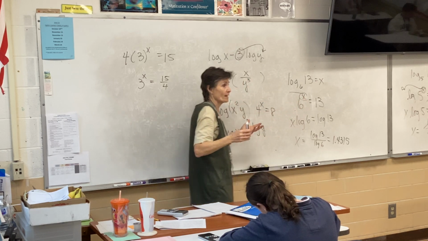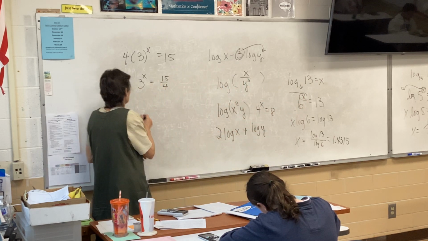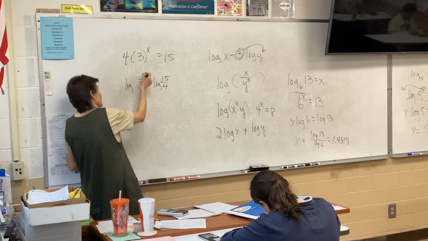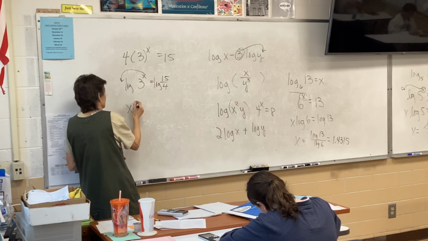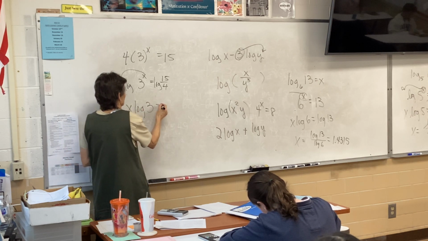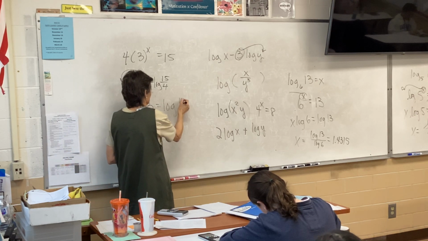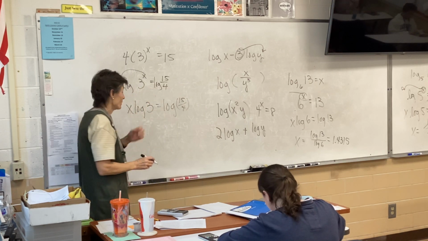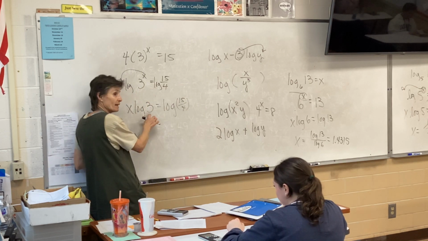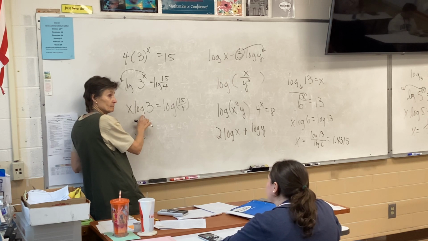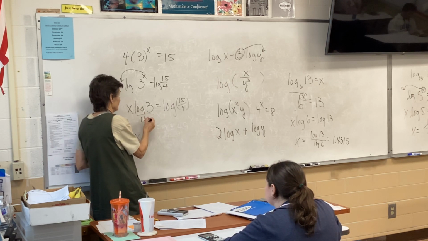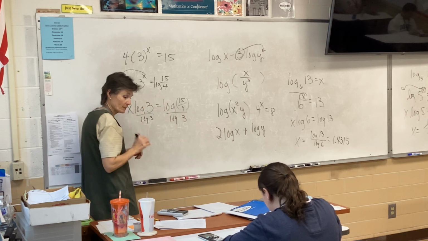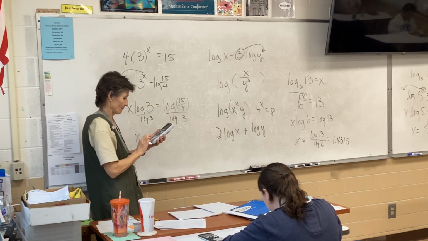If I wanna solve for an exponent, I need to log both sides. So this will come out in front. And to get x by itself, I'll divide by this. That's what I'm gonna type into my calculator.